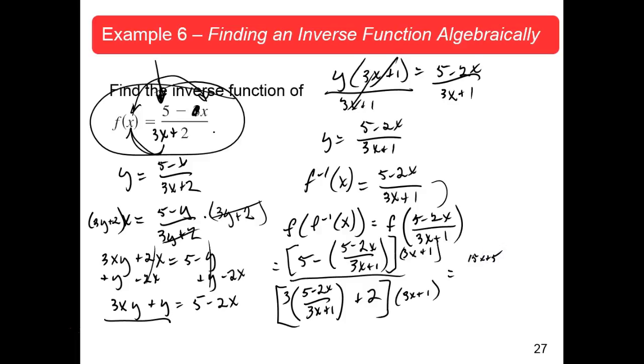And then distribute here. When you multiply these two together, what do you get? Those divide away. So you get minus what's up here. And what is that? Minus 5.